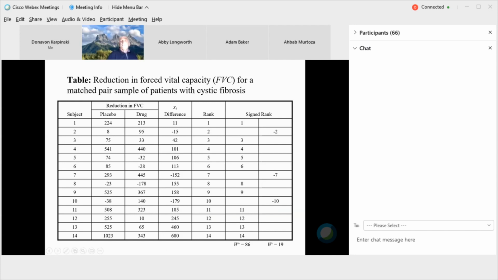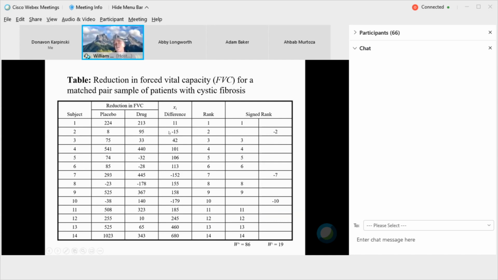There is the reduction in forced vital capacity. These are ones where the patient was given a placebo. This is where they're given a drug. We want to know whether these values here are smaller than these values.